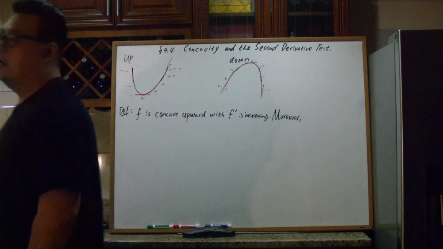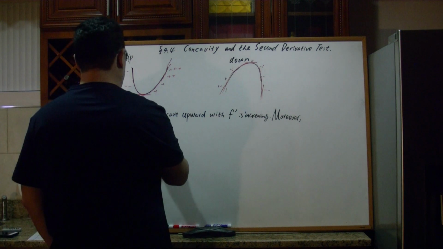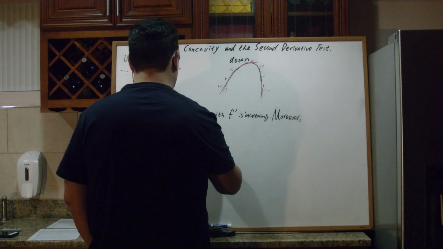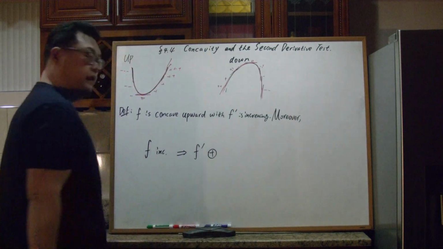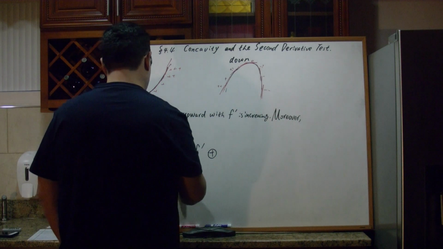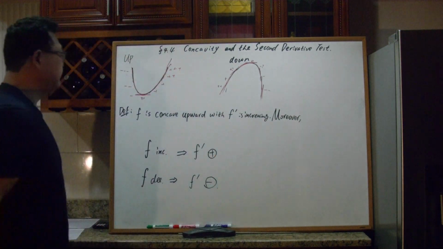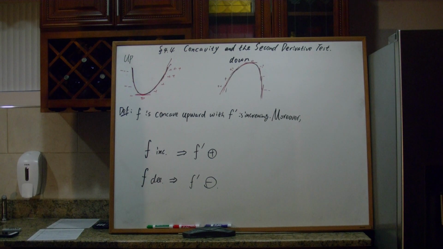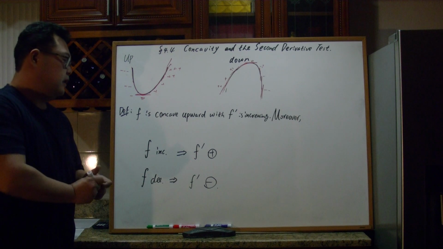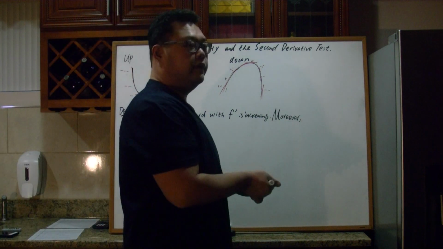More clearly, we had discussed about increasing and decreasing, right? When we say f is increasing, that means its derivative is positive. When the function is decreasing, that means its derivative is negative. So for f prime is increasing, that just means its derivative is positive. What is the derivative of f prime?